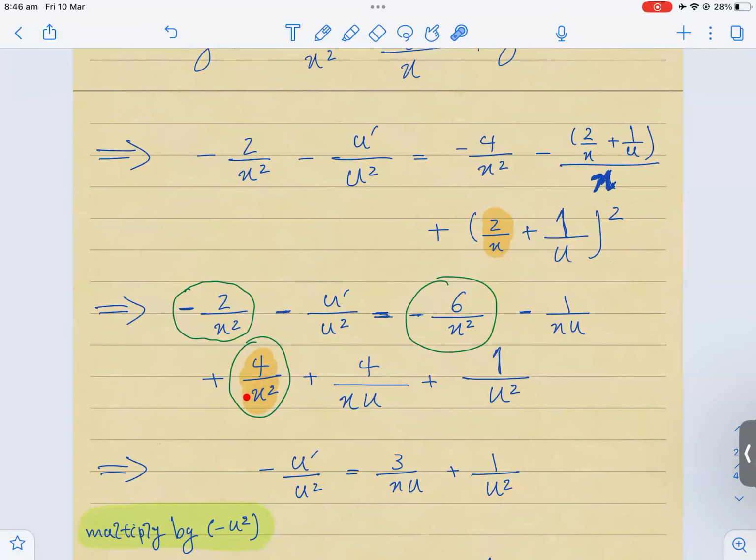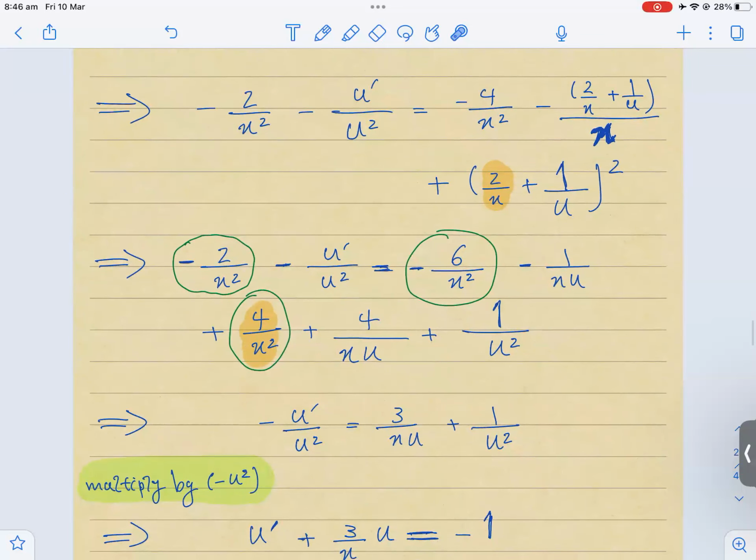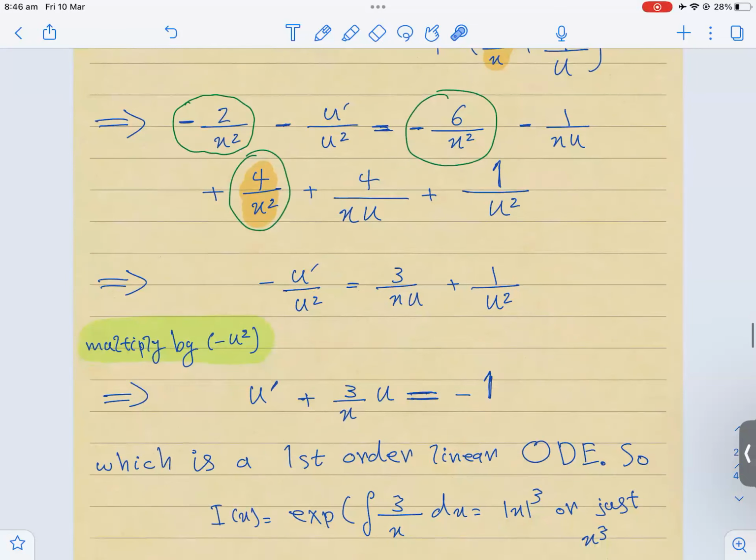So 4 over x squared minus 6 will be minus 2. And the green circles will cancel each other. So what I will have is this, minus u prime over u squared. Again, this one and this one will be 3 over u squared. So I will multiply everything by minus u squared, and I will get this. This is a first order linear ODE.